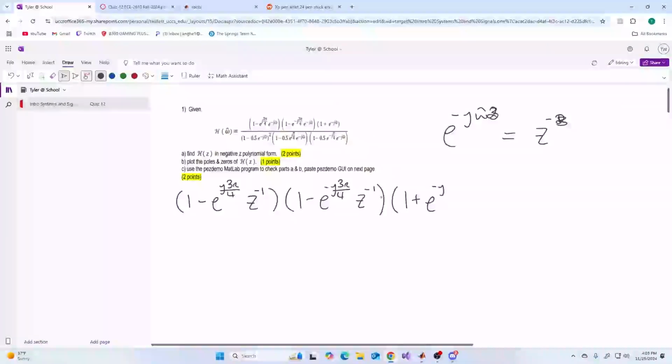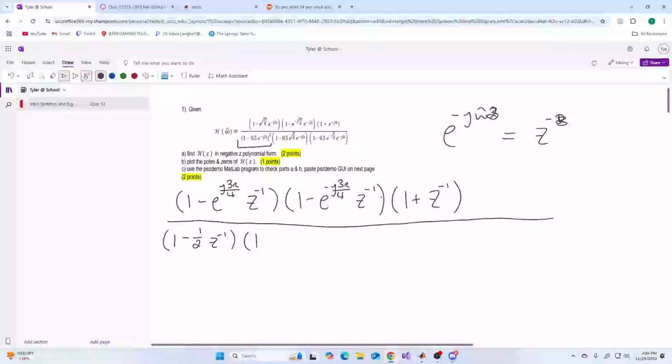I'm sorry, let me erase that really quickly. I thought that was a phase. Z to the negative 1, all divided. Now notice the first one over here is raised to the power of 2, so I'm just going to write it twice. So I'm going to have 1 minus 1 half z to the negative 1 times 1 minus 1 half z to the negative 1, 1 minus 1 half e to the j pi divided by 4, I believe.